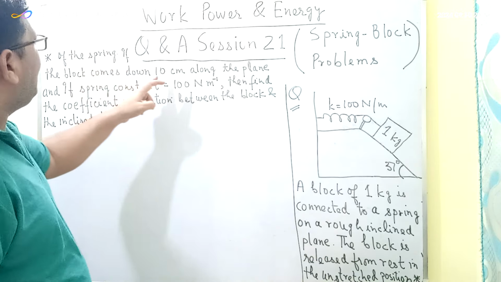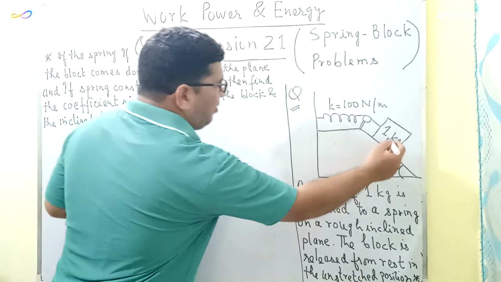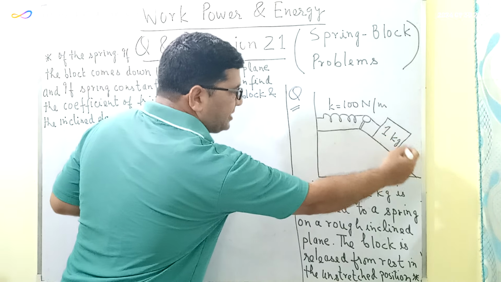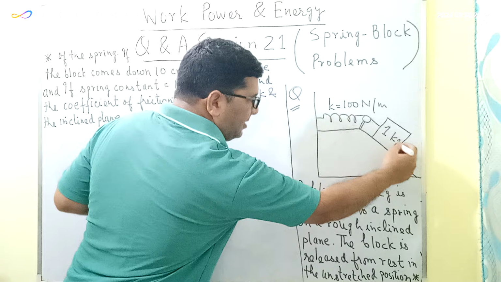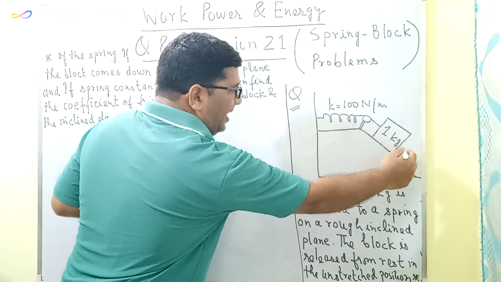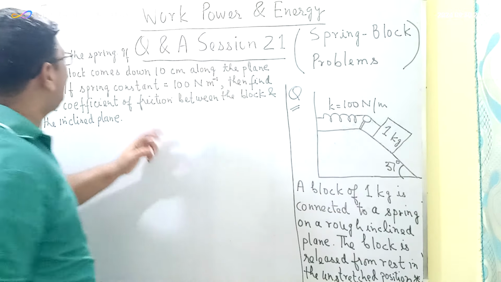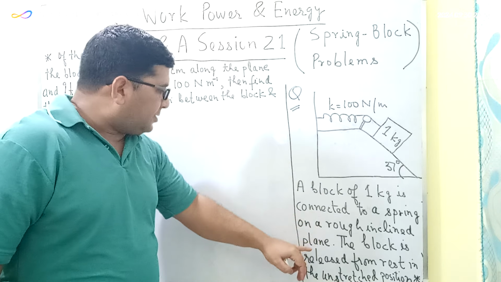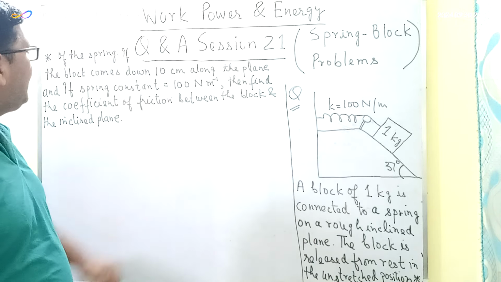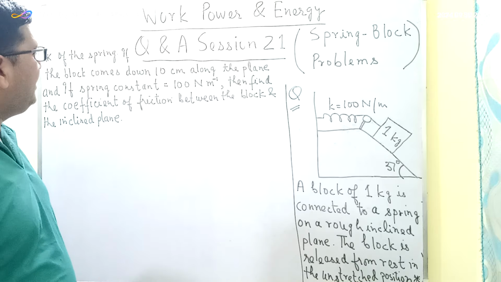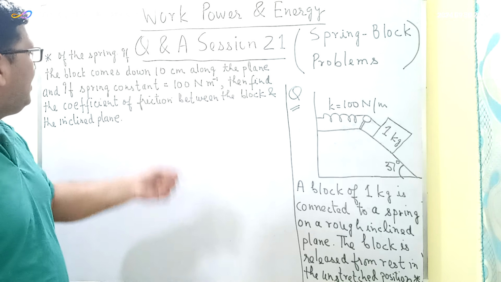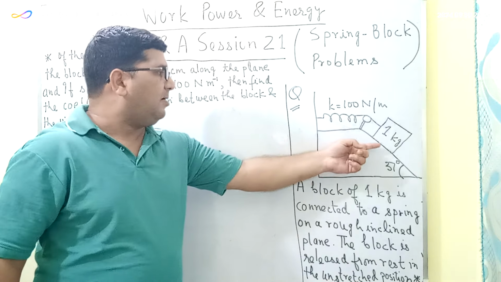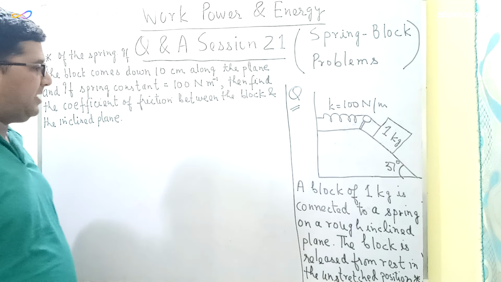When the block is released, it comes down along the plane by 10 centimeter. If the spring constant is equal to 100 newtons per meter, then we have to find the coefficient of friction between the block and the inclined plane.